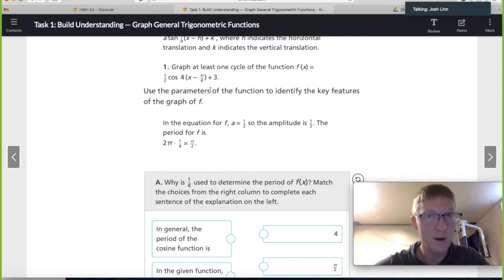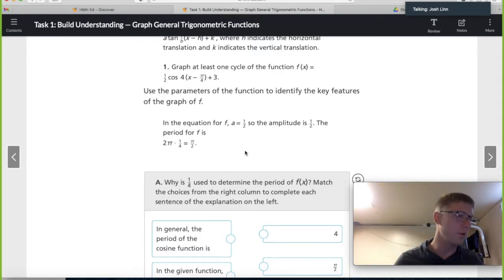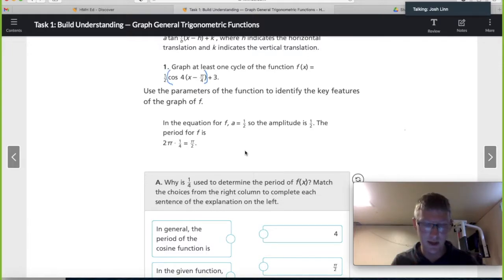If I was entering it in my calculator, just to be sure, I would put my whole trig function in parentheses, to make sure that my calculator is doing what I want it to do. But I digress. On number 1 here, it says graph at least one cycle, use the parameters.